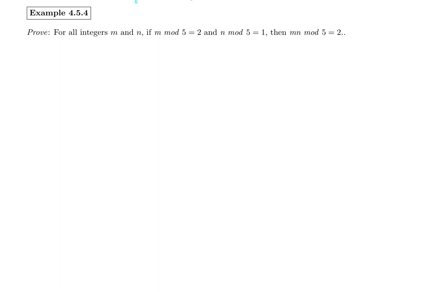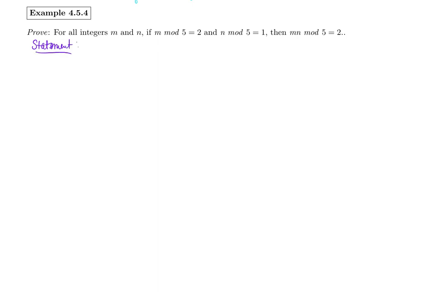So I said in example 4.54, I want you to prove that for all integers m and n, if m mod 5 equals 2 and n mod 5 equals 1, then mn, their product, that is m times n, mod 5 is equal to 2. So we would write our statement as a universal conditional.